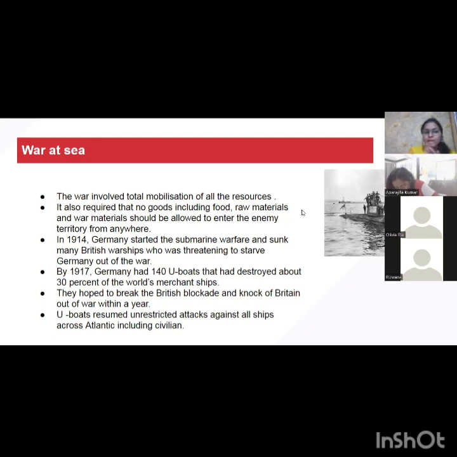By 1917, the count of German U-boats was 140. These 140 U-boats were successful in destroying 30% of the world's merchant ships.